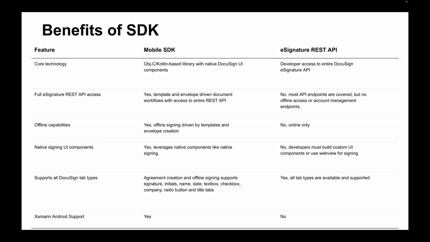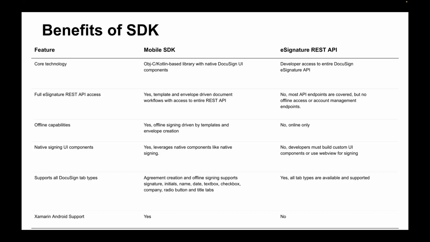Moreover, the SDKs handle all the events for signing. Say we are talking about online signing or embedded signing, we handle a bunch of events for it. With the eSign REST API, you have to handle all that event handling yourself in the mobile app, which is cumbersome.